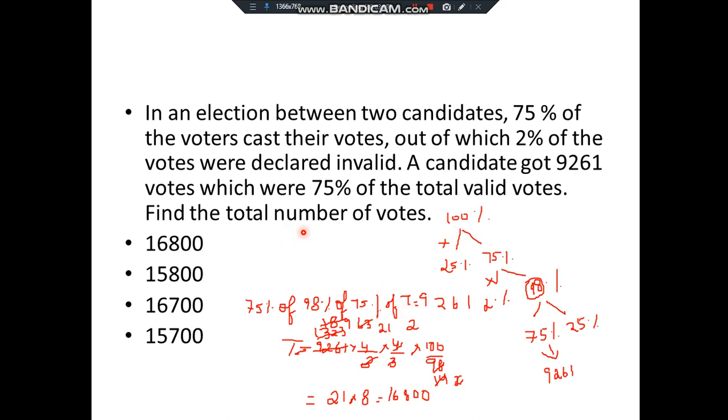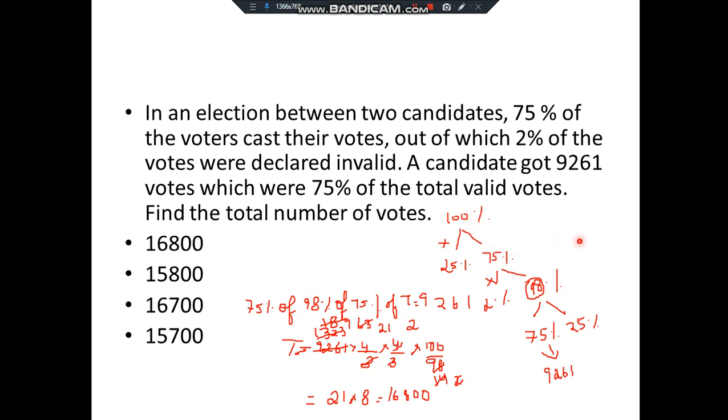Which is equal to how much they have given? 9261. Another thing I'll tell you: if they have given that the candidate who obtained the minimum percentage has 9261, then you will have to take it as 25% of 98% of 75% of T is equal to 9261.